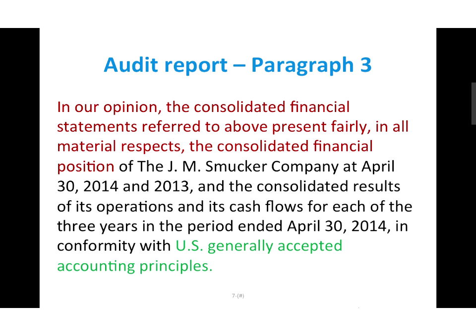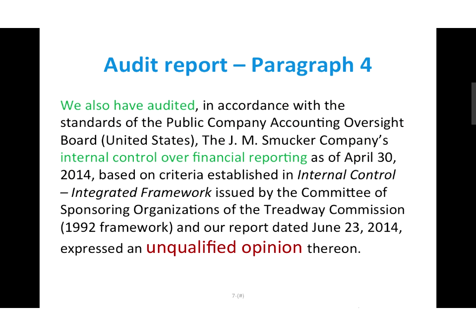This is the audit report from the auditors to the board of directors and shareholders of Smuckers. And then the last paragraph tells us that they have audited the internal control as well, based on this internal control framework, and that's okay too. The very last sentence says, our report dated June 23rd, 2014, which is this report, expressed an unqualified opinion.